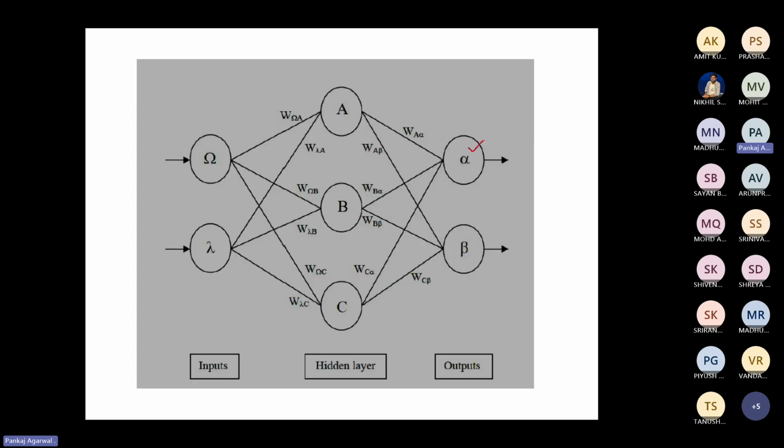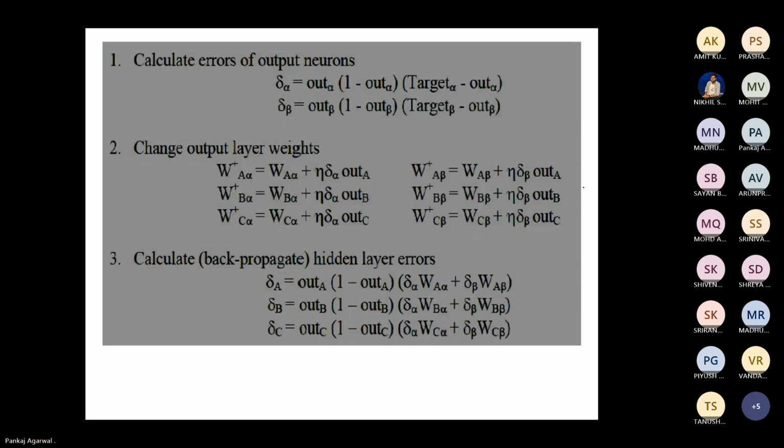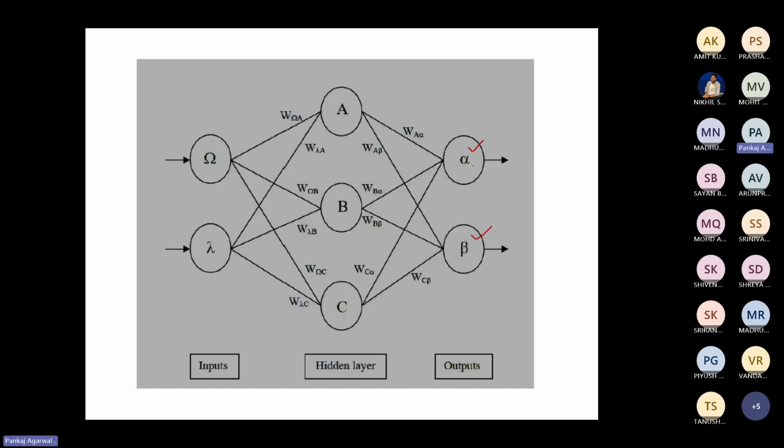First, you have to calculate the error at alpha and beta. How I calculated that error, I gave you a formula, right? And I told you that I'll explain the formula. But the formula is a logical thought process. So in order to calculate the error over here, what all terms did I use?